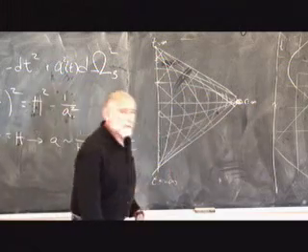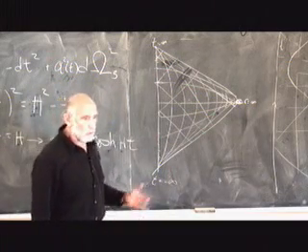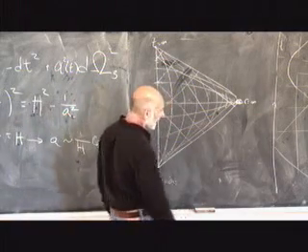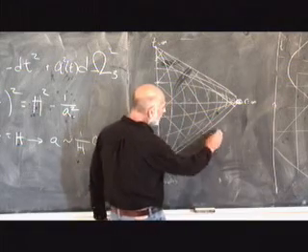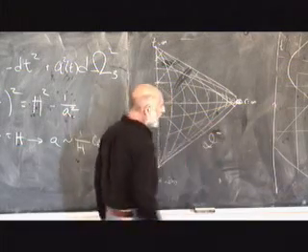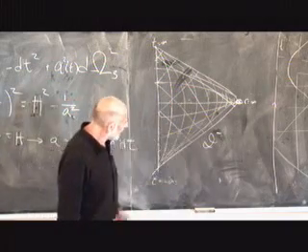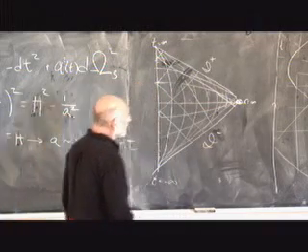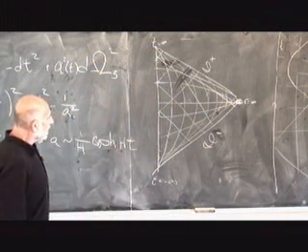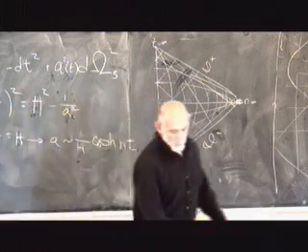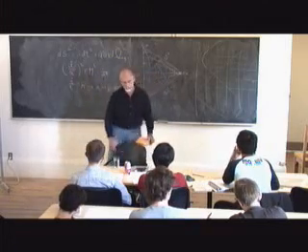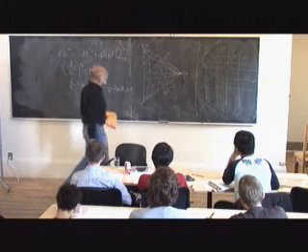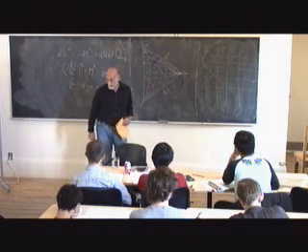This line here, which you can think of as the starting point of all light rays coming in, is called, for reasons that I don't know, scri, script I minus, past light-like infinity, and future light-like infinity, script I plus. I think probably scri is the ugliest word in physics, and there's quite a few ugly words in physics. Okay, that's not the general Penrose diagram. This is the Penrose diagram for strictly flat space-time.